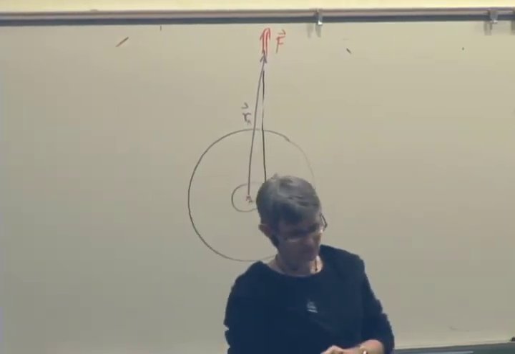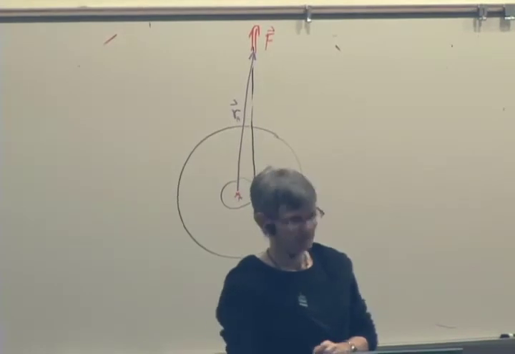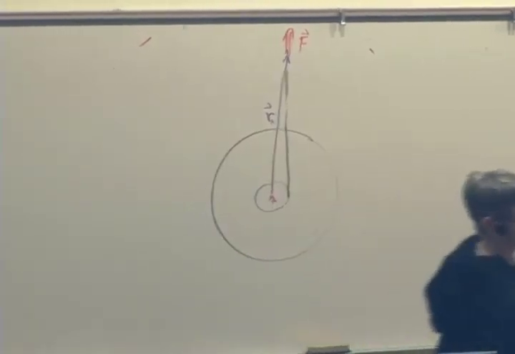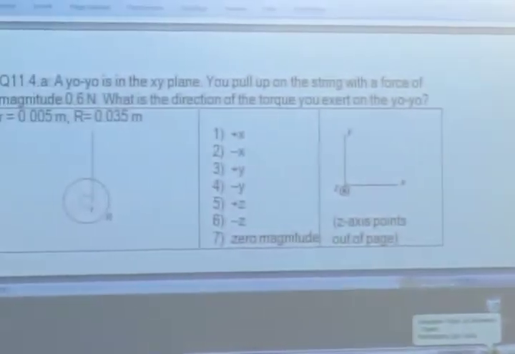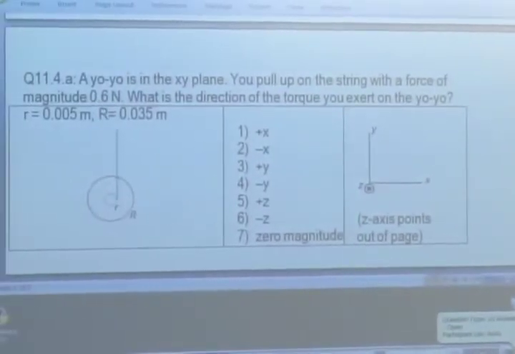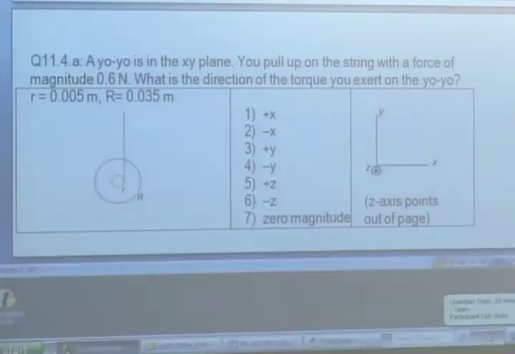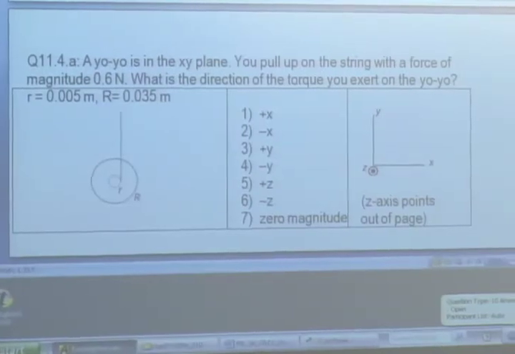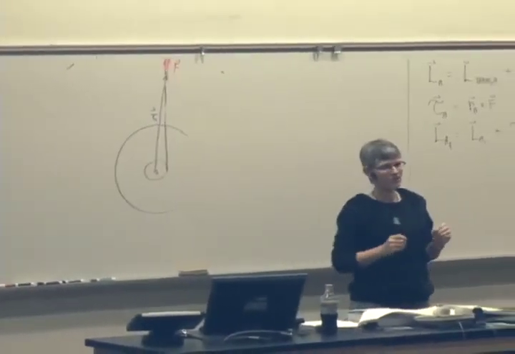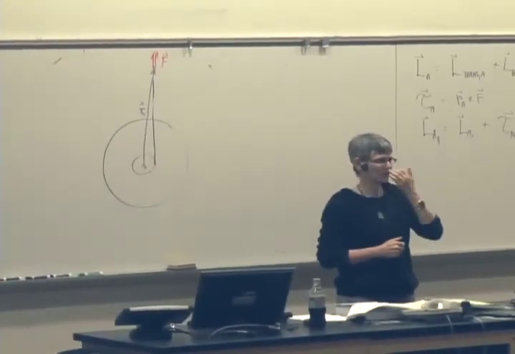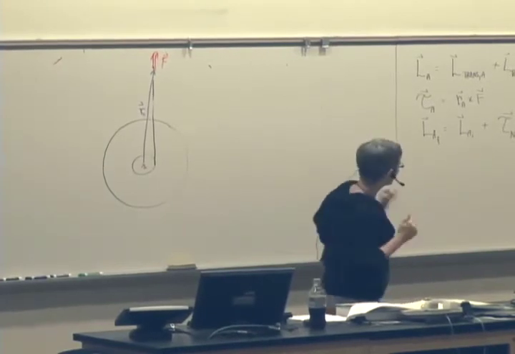You want to try this again? Okay, so here's the question, and this is what we need to know. When you're using your hand to find the direction, are you going from F to R or R to F? And how do you know that?